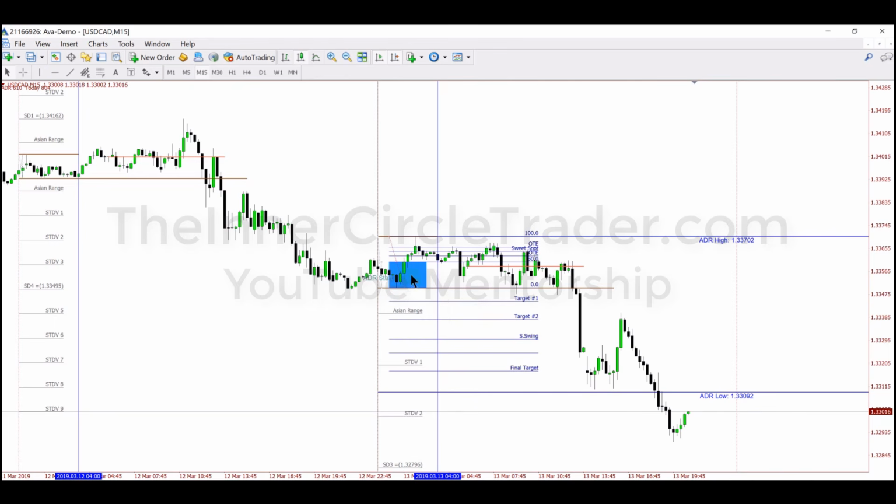I'm going to get rid of the deviations. There you go. So this box represents half of the range here. Now, if we break below this, that takes us right to that first level right here. Okay, that's all that it is.